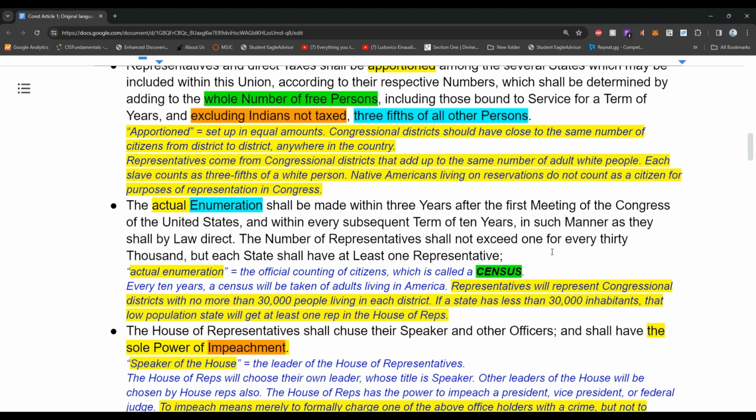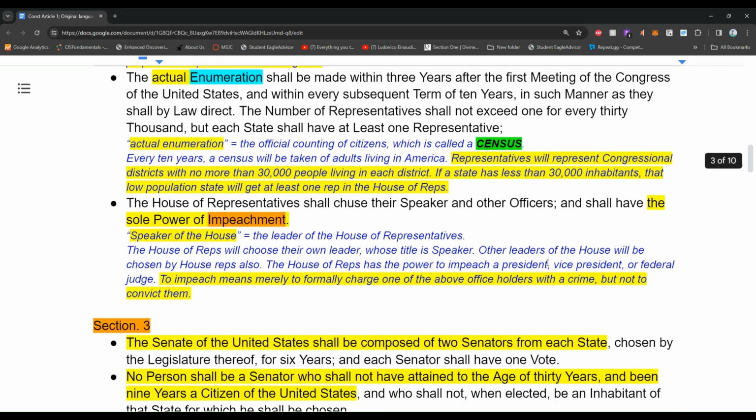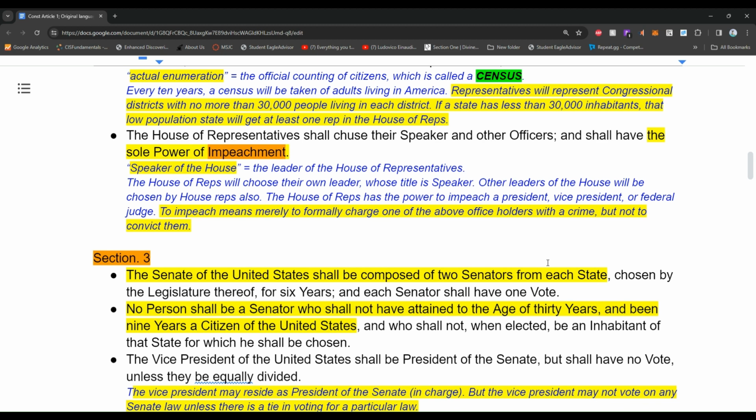That state, which would be big back then, had 300,000 people. But then a state that had maybe just 34,000 would only get 1 rep in the House of Reps. Okay. So let's go to the orange word, impeachment there. All right.